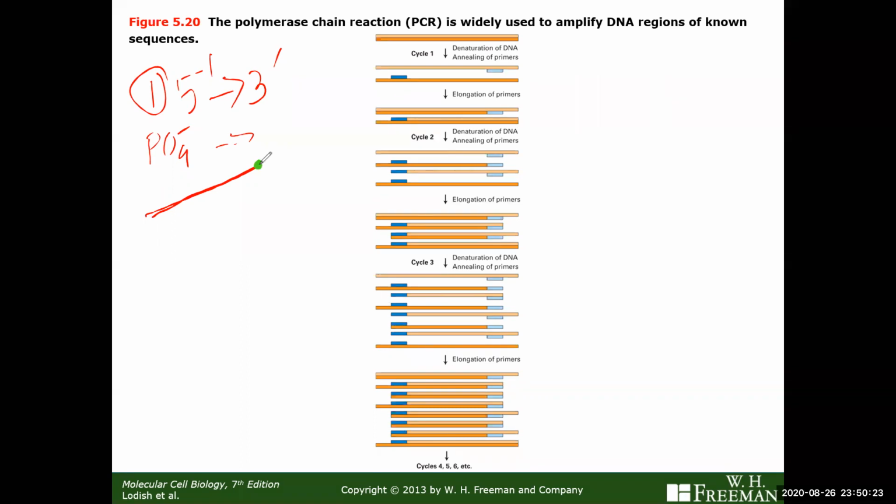Then the next nucleotide will be added here. So this is the 5' end of the DNA, this is the 3' end of the DNA. So DNA elongation is always from the 5' to 3' end. Number two, this is very important.